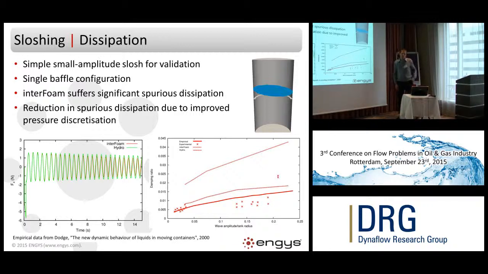With these improved second order accurate time integration schemes and improved pressure interpolation methods, we managed to get far closer to the accepted correlation, which is the solid line here.